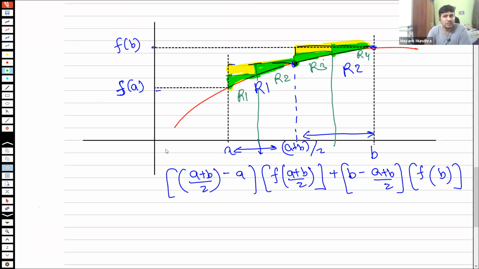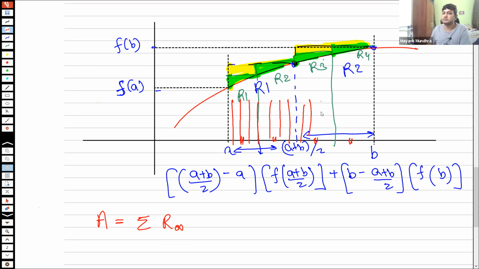So Leibniz was a mathematician who came along and he says that obviously if you keep increasing the number of divisions that you put on the x-axis, the closer you get to reality. So the actual area will be equal to the summation of rectangles when you break it into infinite such rectangles.